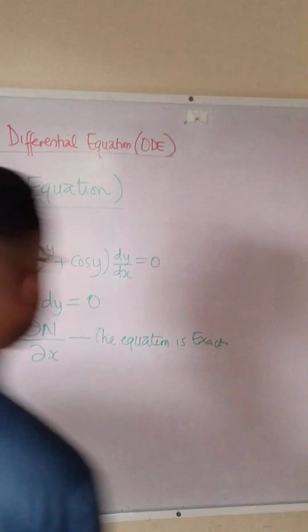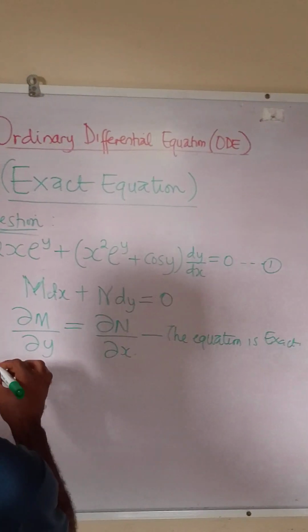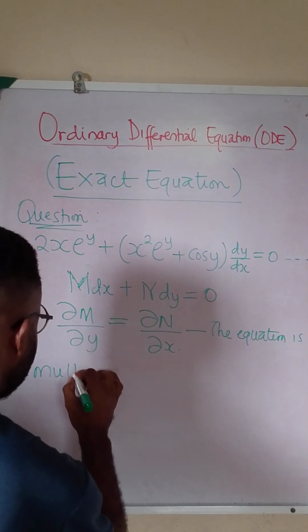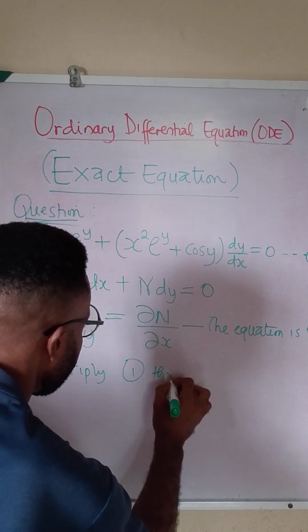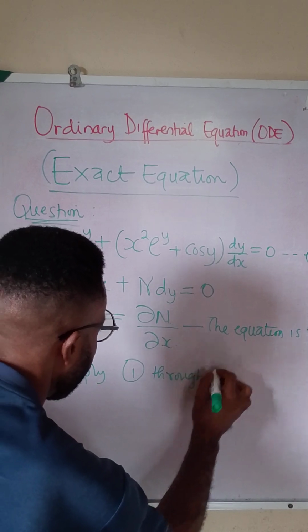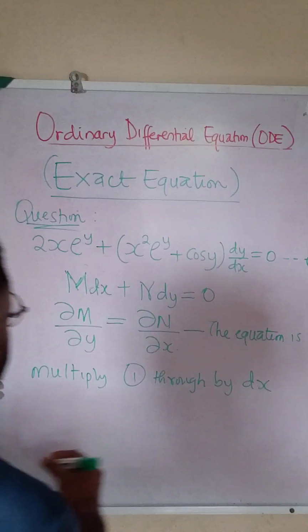So we say okay, let's call this equation 1. We multiply equation 1 through by x, and so we are going to multiply it through.